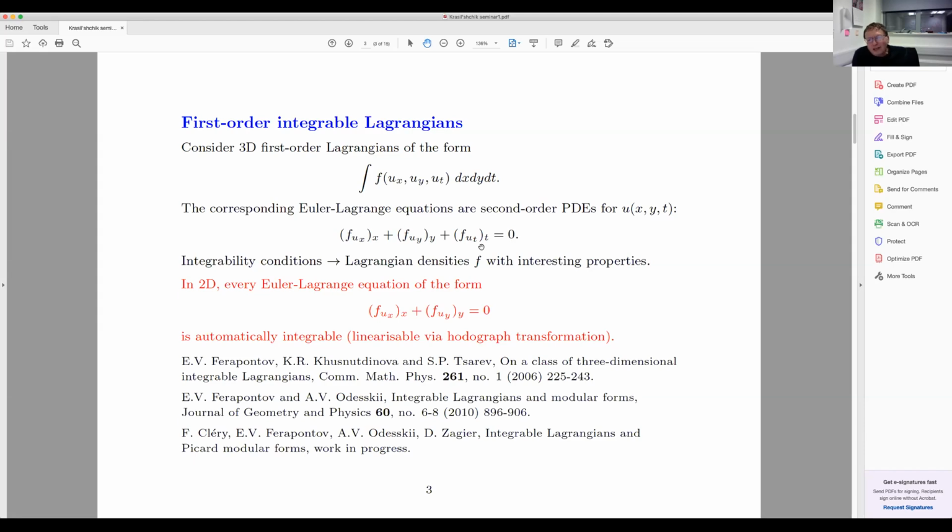But I will say maybe a few words about second-order Lagrangians. It was not my plan to stop on first-order Lagrangians. Maybe I can give a separate talk on this stuff, because these are old results.